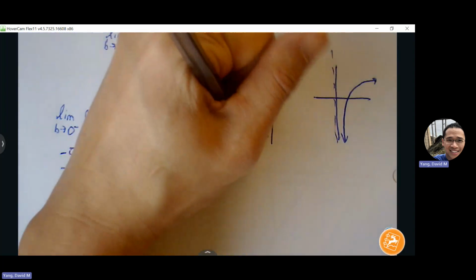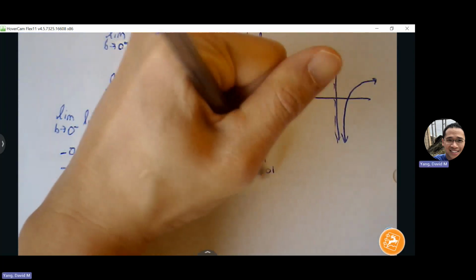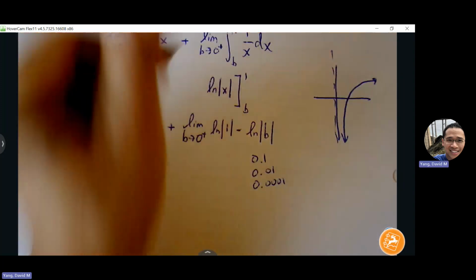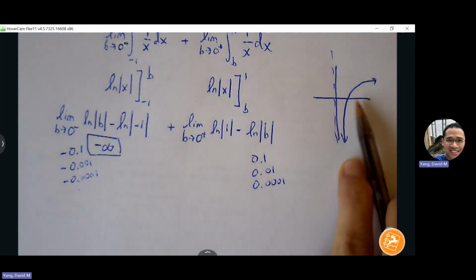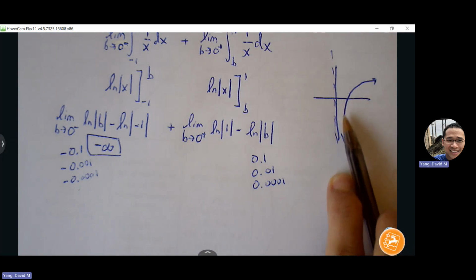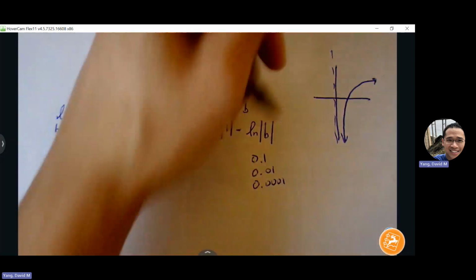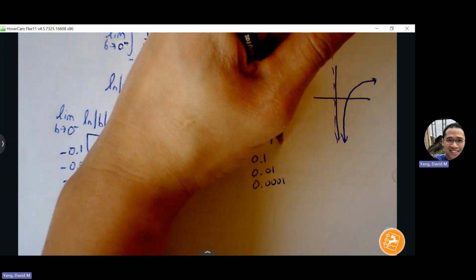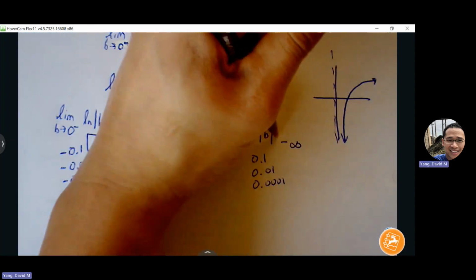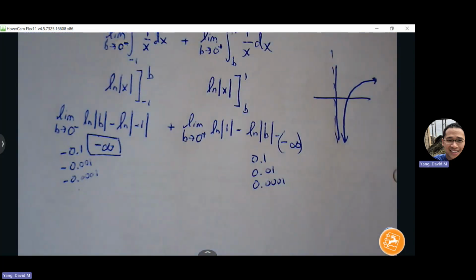So this one is going to be 0.1, 0.01, 0.0001. Same thing here: as I'm approaching 0 from the right side, natural log of b is going to go to negative infinity. Would it be easier, or should we not do natural log of 1 over b?